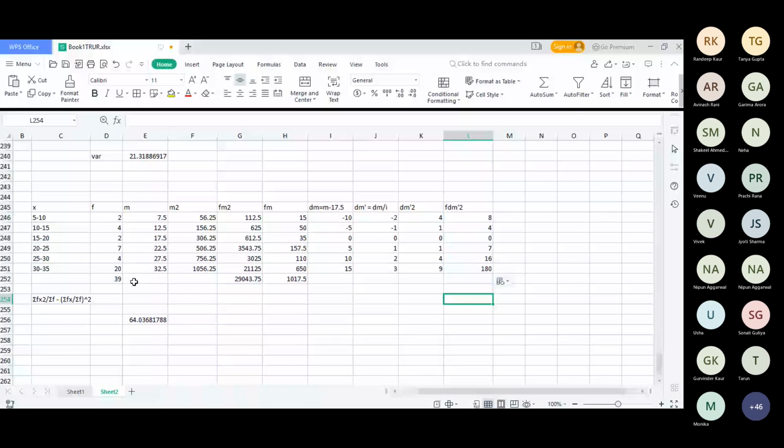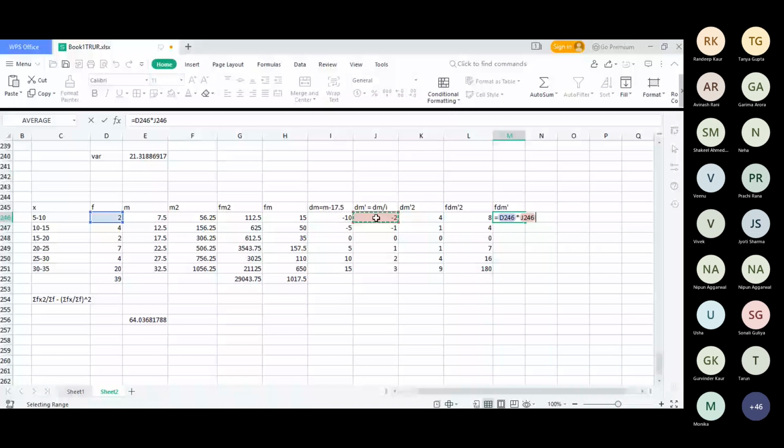Then you have to calculate summation f dm dash. So for that you have to calculate f dm dash first. So f dm dash is f multiplied by dm dash. So dm dash is this value. So this becomes your f dm dash. So these are your f dm dash values.